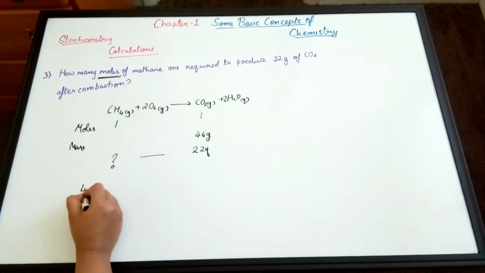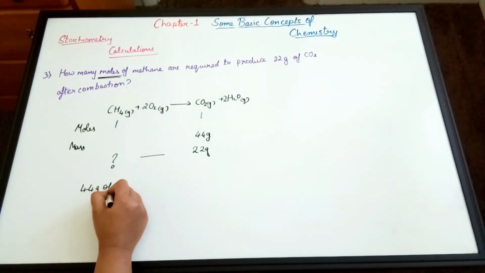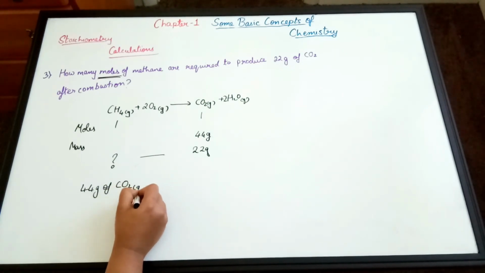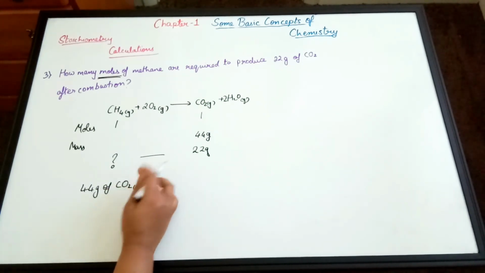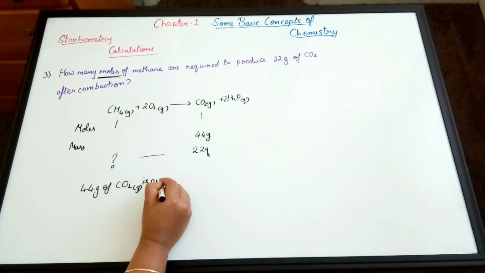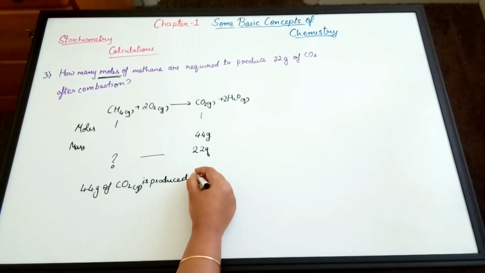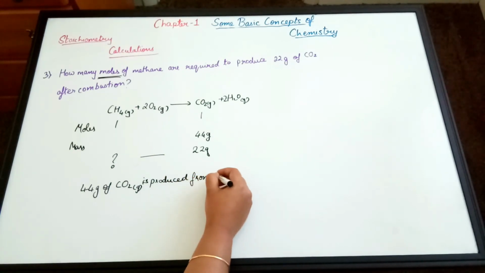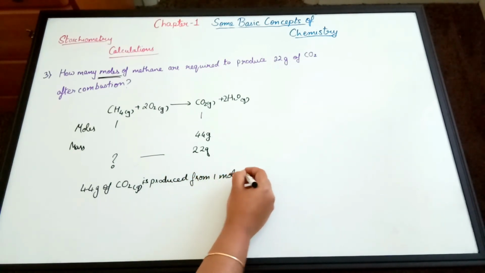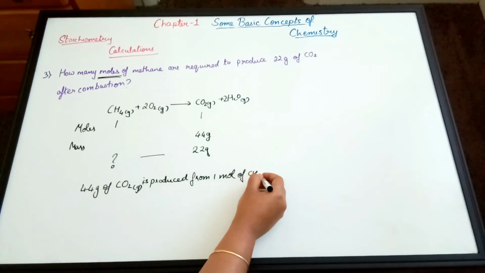So 44 grams of carbon dioxide is produced from 1 mole of methane.